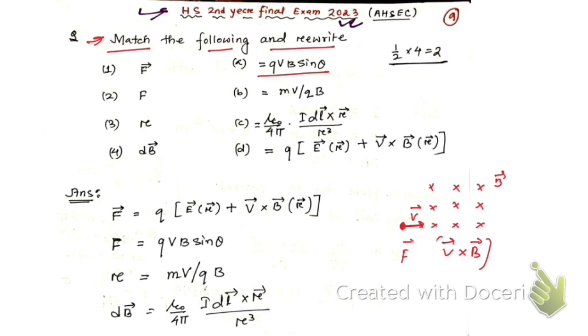Let me write it properly. F is equal to Q into V cross B. And if you write this in scalar form, then F is equal to V cross B means VB sine theta. And the direction of the force will be perpendicular to both V and B because there is a cross product.